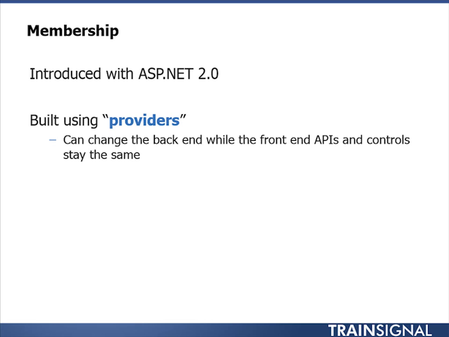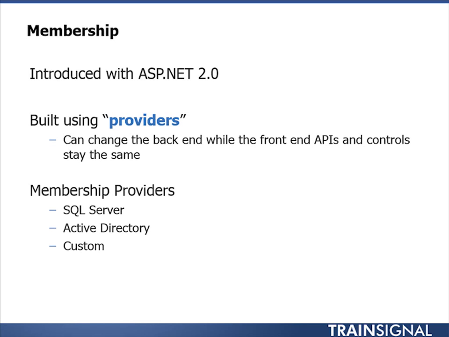What's great about this is that it gives us the ability to maybe utilize a different database without having to change anything at all on the front end. So if I need to migrate from, say, Oracle to SQL Server, then I can migrate to that appropriate database, swap out the provider, but everything else on the front end can stay the same.